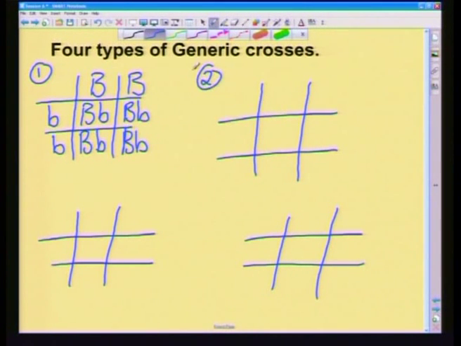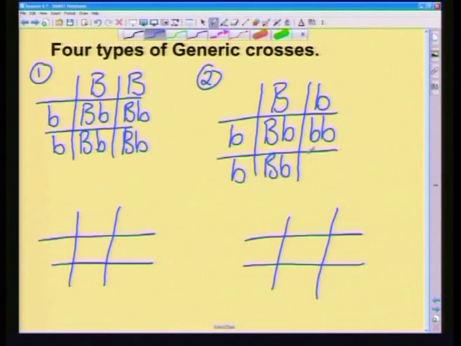Number 2, the second type of cross that you're going to get, you're going to take heterozygous versus homozygous recessive. So capital B, small b, small b, small b, capital B, small b, and small b, small b. So here you had 100% heterozygous. Here you have 50% heterozygous and 50% homozygous recessive.